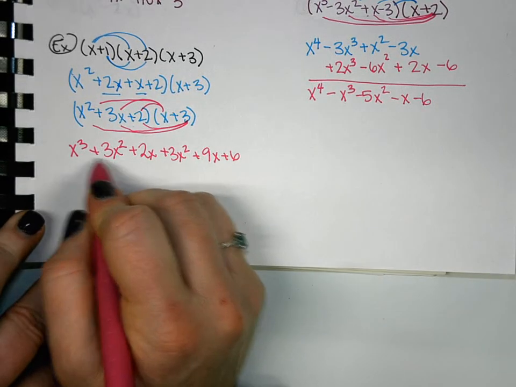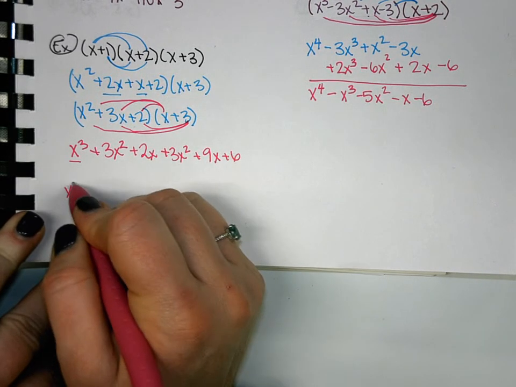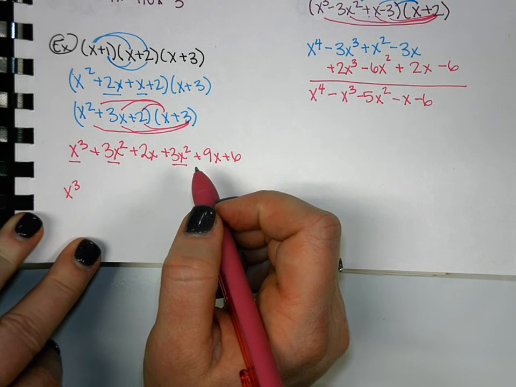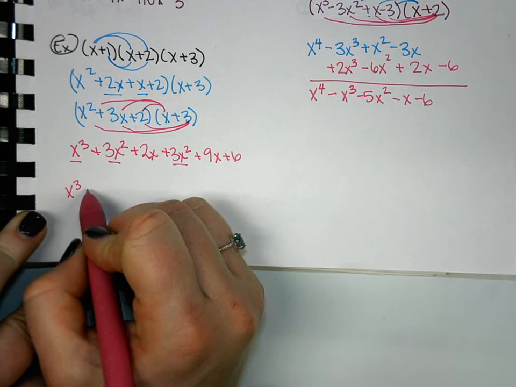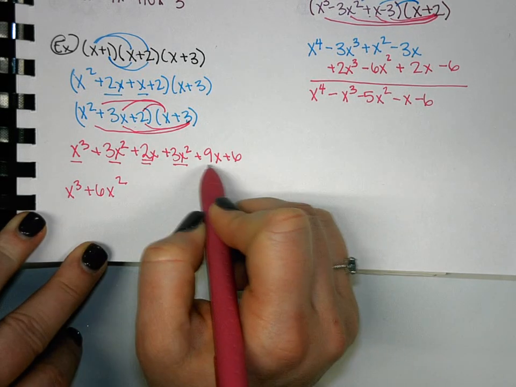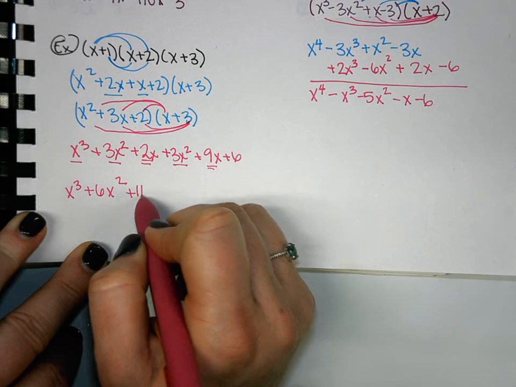So we have an x to the 3rd. Remember, when we add, we don't change the variable or exponents. We just add the coefficients. So it should be 6x squared, and then 11x plus 6.